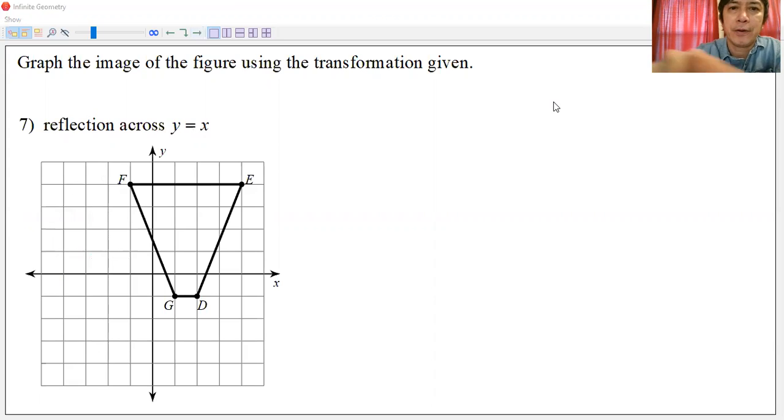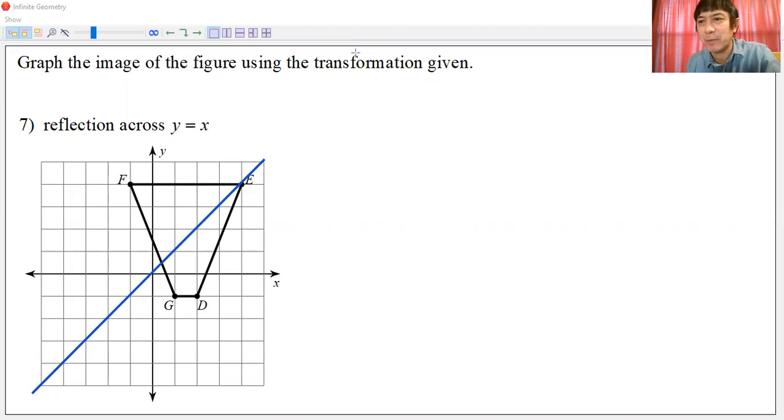This line is the one from here going there. That's the line dividing the first quadrant and the third quadrant and passing through the point of origin.